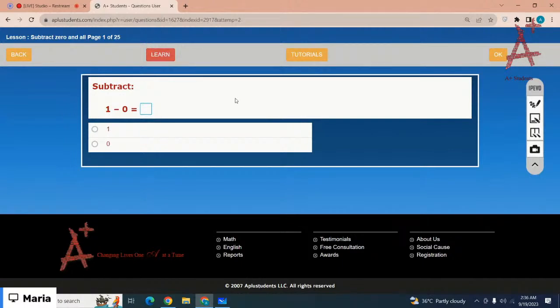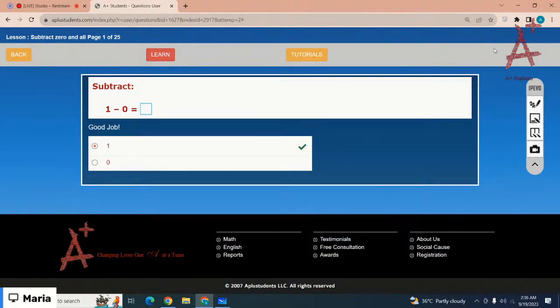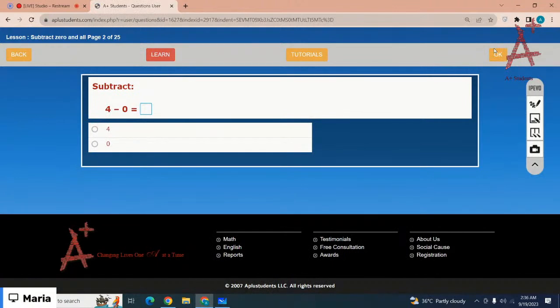So 1 take away 0 is 1. 4 take away 0, which is the correct option?